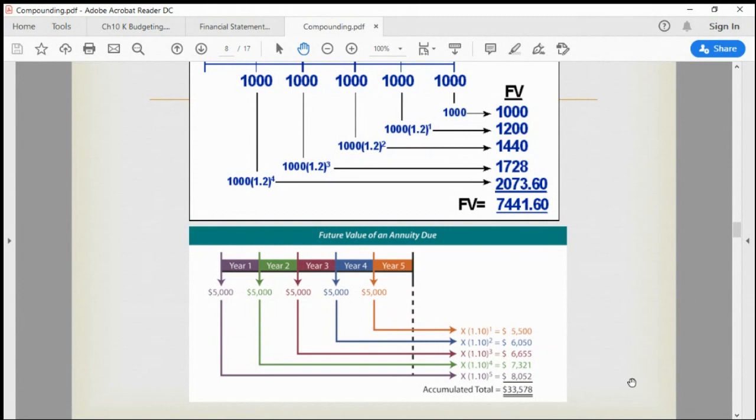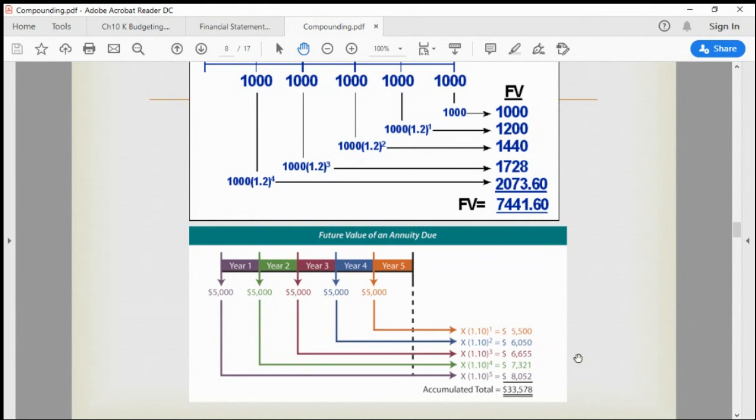Now, this type of annuity is called annuity due, right? Meaning the deposit or payment is due already at time 0. In other words, it's already due to begin with, right?